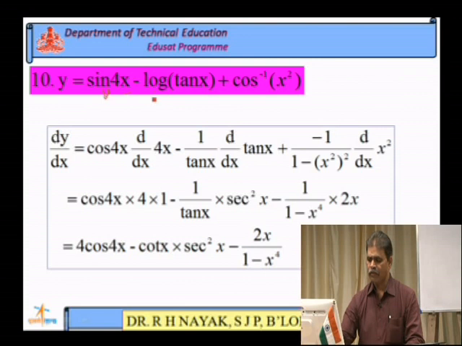Differentiate sin 4x, differentiation of cos 4x, it is a function, differentiation of 4x minus log of function. The log function differentiation is 1 by function into d by dx of function, where the function is tan x.